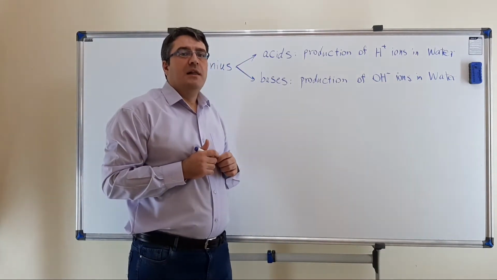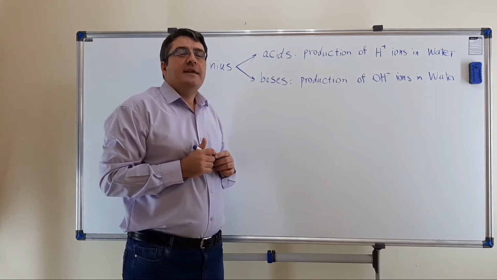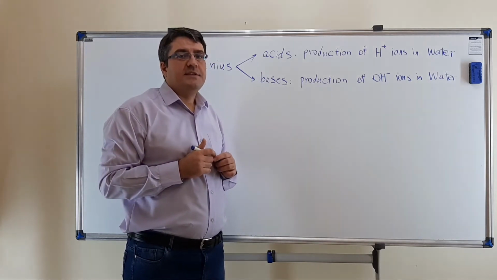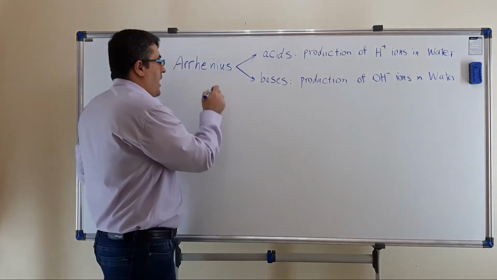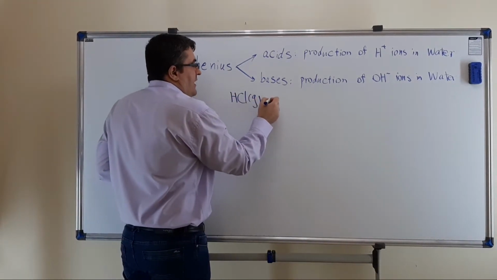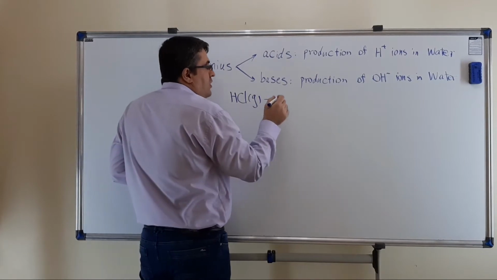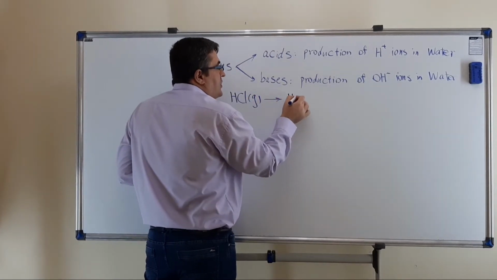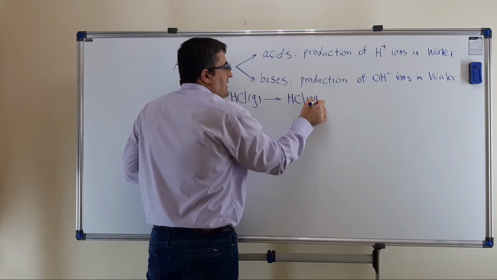As an example for an Arrhenius acid, we can consider HCl. Hydrogen chloride gas can dissolve in water to produce the aqueous solution of hydrochloric acid.